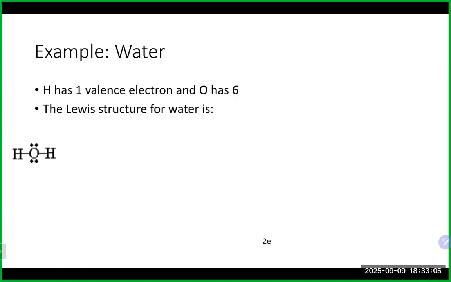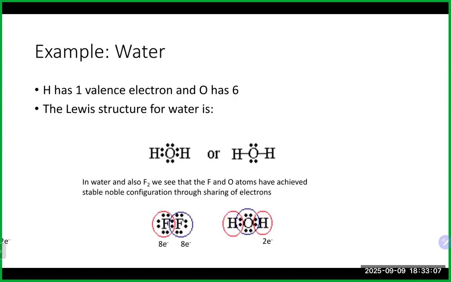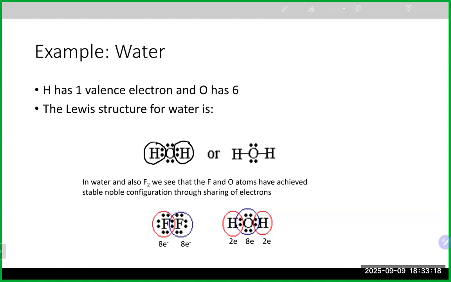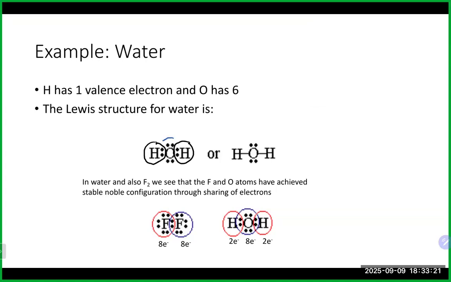Take a look at a couple other examples, like water, for example, here. By sharing electrons, the oxygen is sharing electrons with the hydrogen, actually on both sides, which allows it to reach that noble gas configuration of 8 electrons.